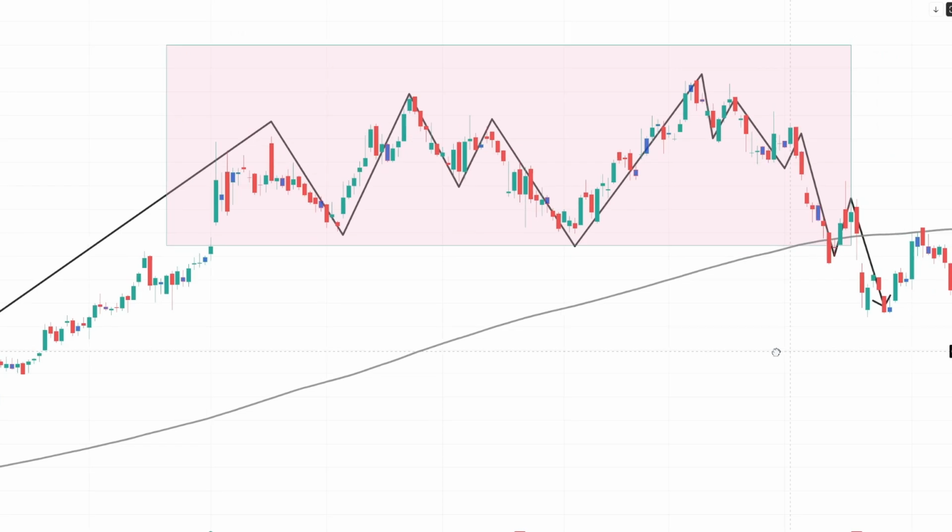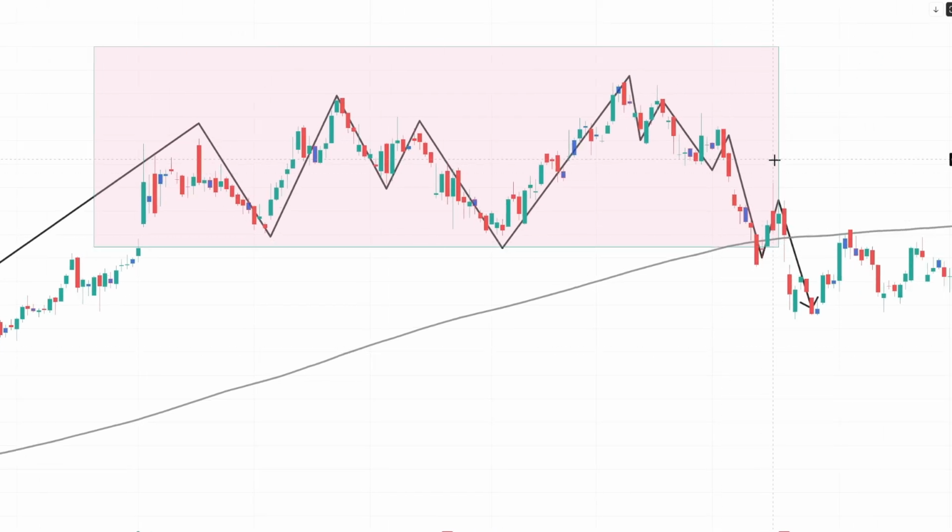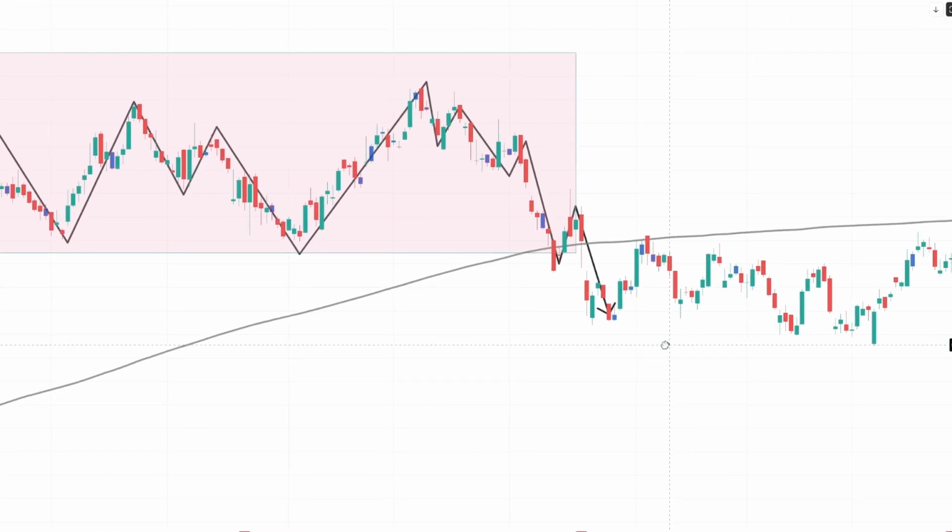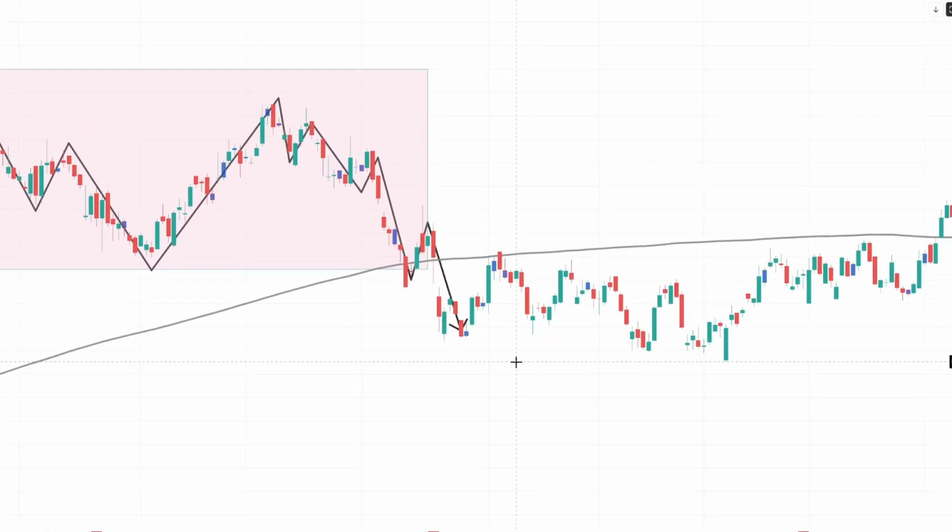Now let's move forward, and the price sort of breaks the 200 moving average, and when the price makes this move, we do not initiate any buy trades. Let's see how the price behaves.